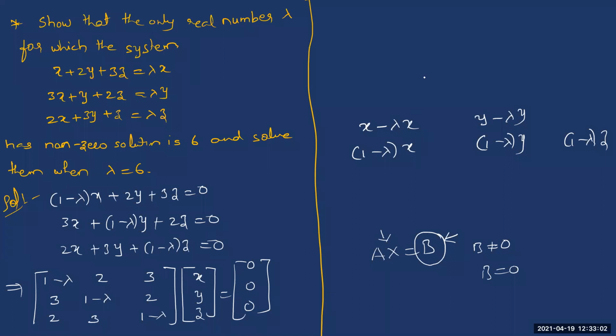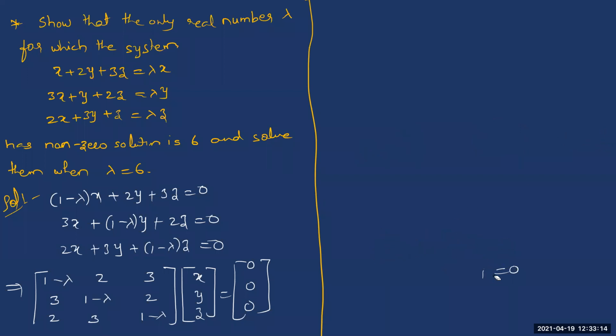Now, as we discussed in the previous problem, we are again expecting a non-zero solution even in this case. So for a homogeneous system, we now want a non-zero solution. Whenever the rank of matrix A is less than the number of unknowns, then only we'll get a non-zero solution, right? So the same thing I'm using here also.